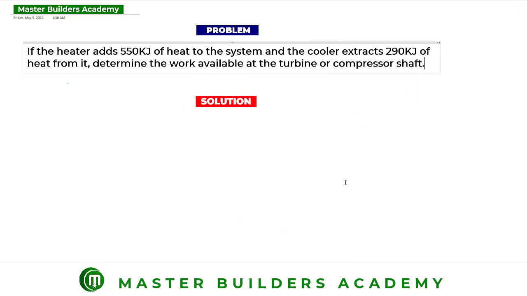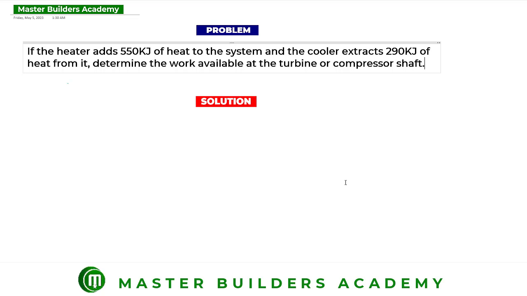The question before us is: if the heater adds 550 kilojoule of heat to the system, and the cooler extracts 290 kilojoule of heat from it, determine the work done at the turbine or compressor shaft.